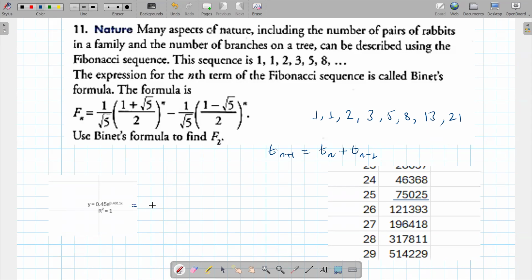All you have to do is 0.45 times e to the 0.4811 times, I'm looking for this, 25, like that. Let me plug that in a calculator and let's see. So I got 75,281.696.